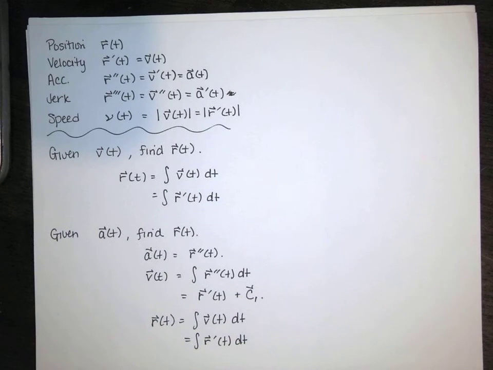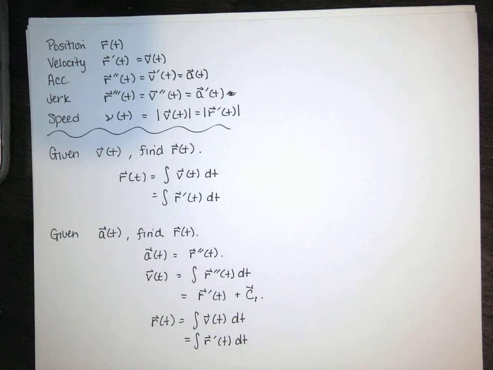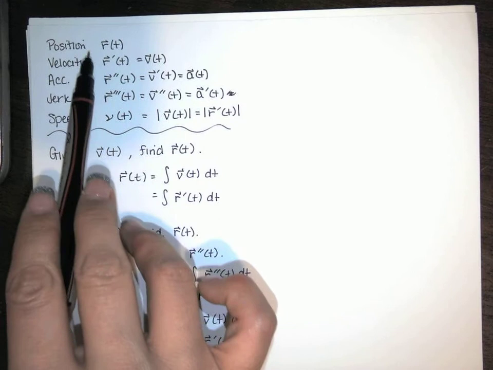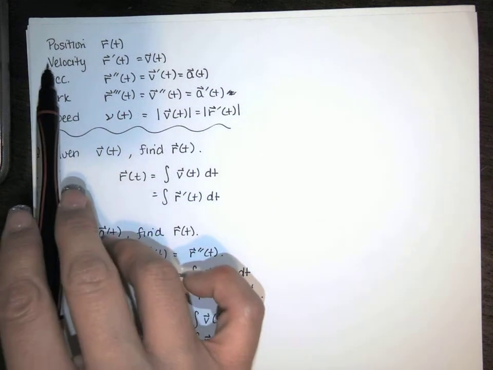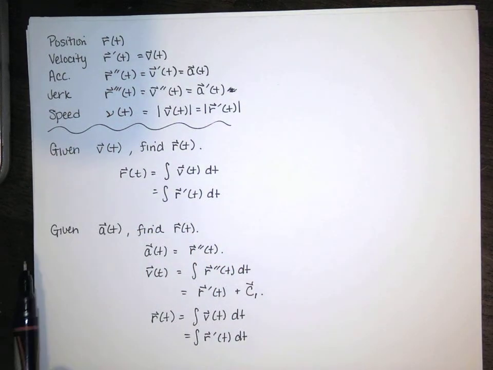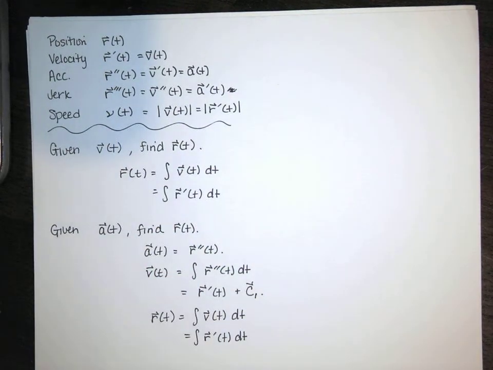Now, when I quiz you over this material, I could give you any one of these and ask you to find the others. Keep that in mind. You might have to anti-differentiate twice to get position. You might have to differentiate to get acceleration and anti-differentiate to get position. But if I give you one of these, you can find all of the others.